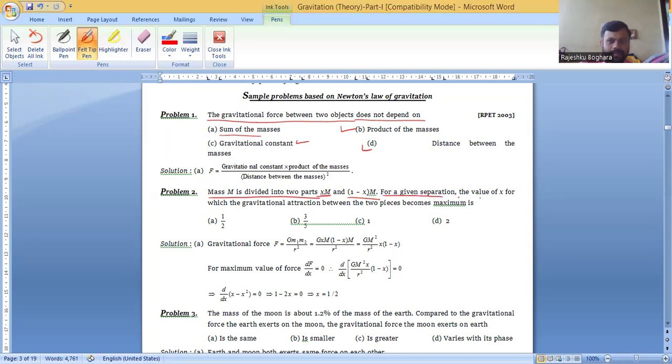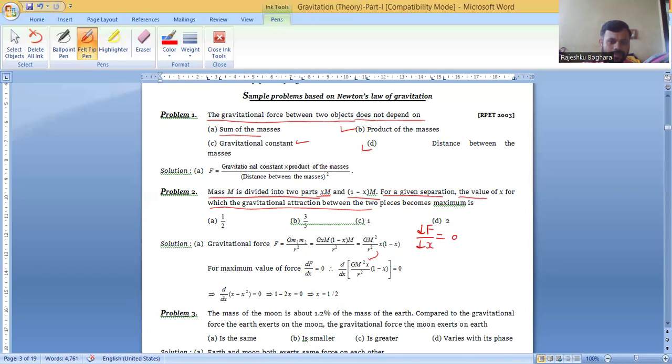For a given separation, find the value of x for which the gravitational attraction between the two pieces becomes maximum. The condition for maximum and minimum is differentiation of force with respect to the variable. Here the variable is x, so differentiation with respect to x should be 0. Here we write F equal to G m1 m2 by r square, with m1 equal to xm and m2 equal to (1 minus x) m. So F is G m square by r square times x (1 minus x).